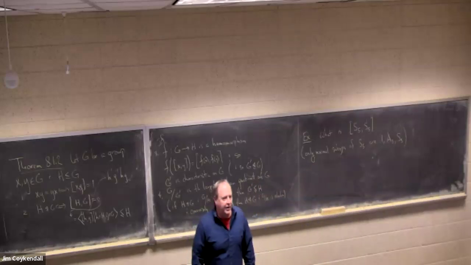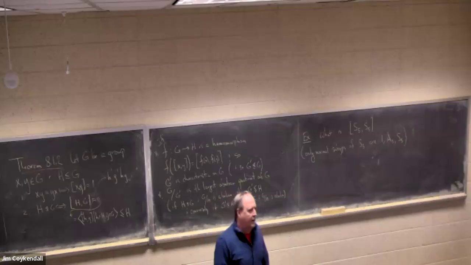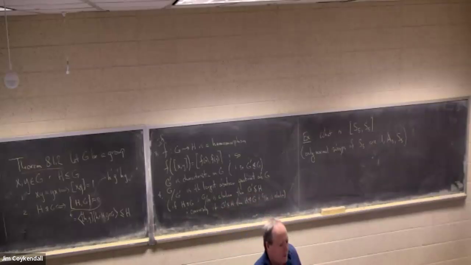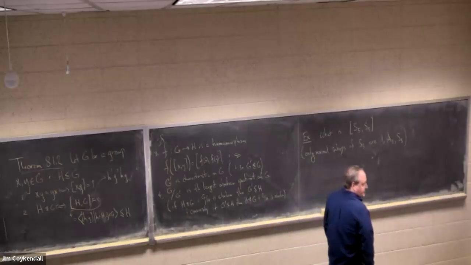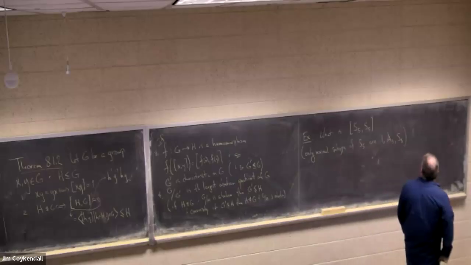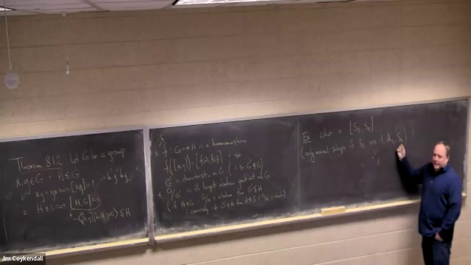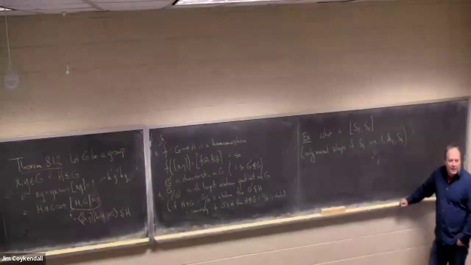Lord knows I don't want to sit here computing commutators all day long to figure out what the subgroup is when I put all those together. Somebody tell me why there's another fundamental reason why the commutator subgroup cannot possibly be all of S5.